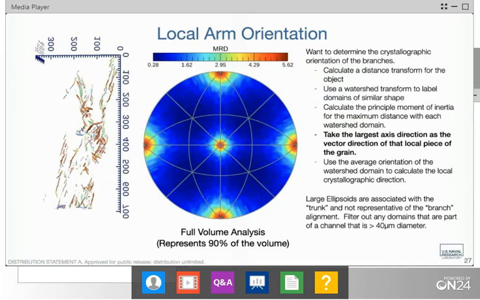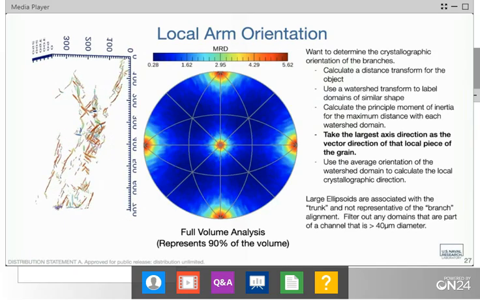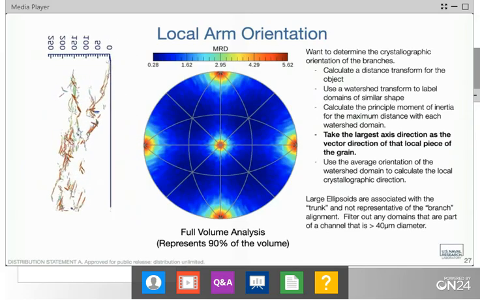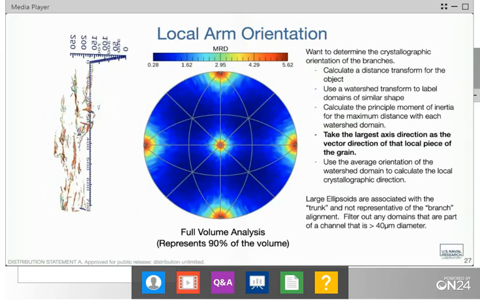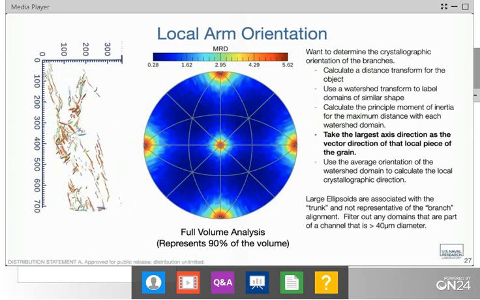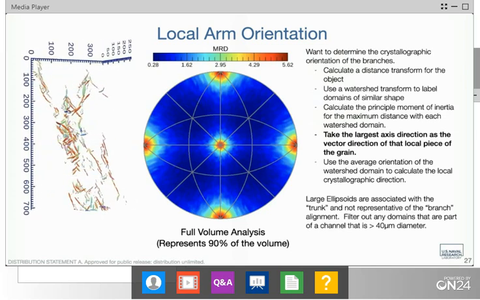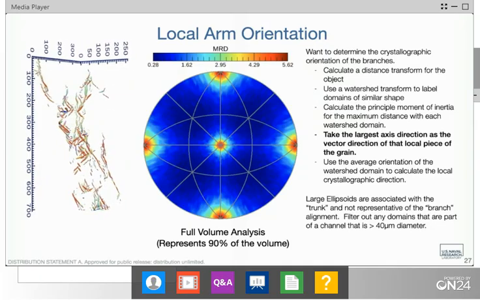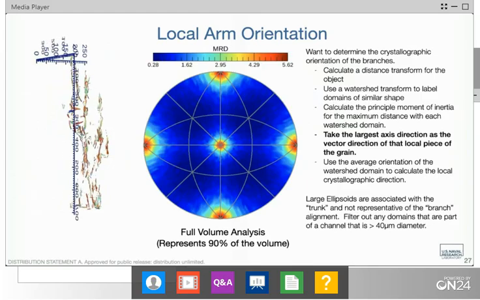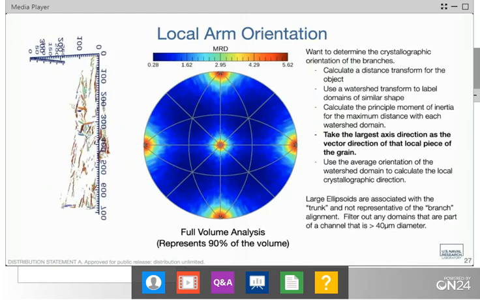So the next question is about the Hall-Petch relationship and how it can be applied to additive alloys. I think that's one of the things our work brings out: how do we properly look at something like a Hall-Petch relationship? My suggestion would be that we have to have a different size metric.